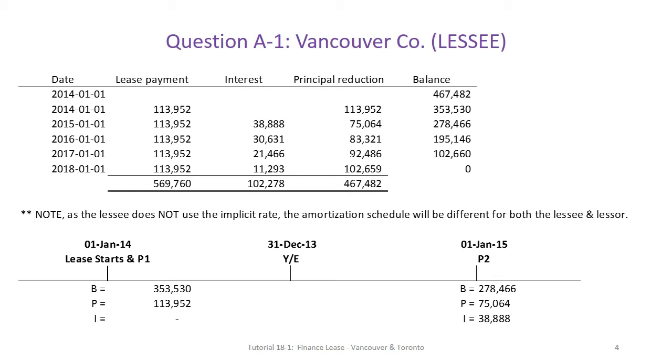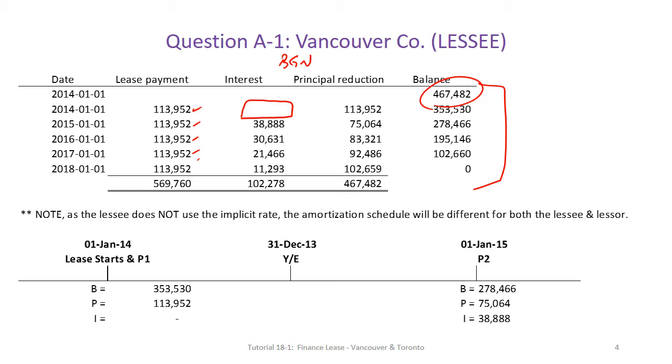So the first part of the question, after having you calculate the present value of the lease payments, is to put together a lease amortization schedule. We start with the balance of the lease, and then we have payments each year, calculating the principal and interest. The first thing to notice, though, is that in a lease, and this only happens with leases because we are using the begin mode and we make our payments at the beginning of the period, this is different from bonds and notes payable where we were making payments at the end of periods.